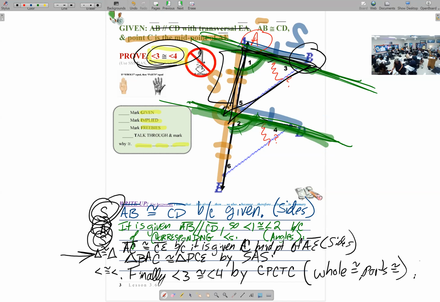No, it's the shortcut: side, angle, side. That's step 3. Step 5: equal parts.